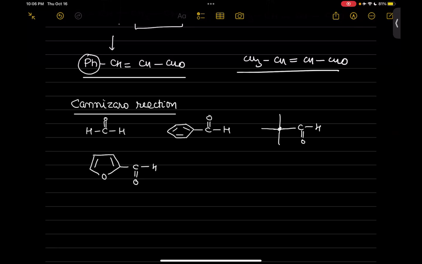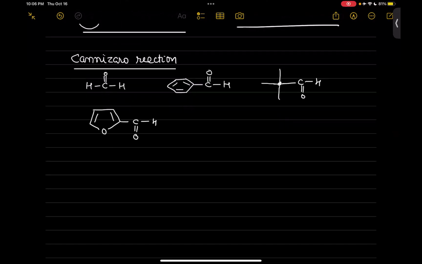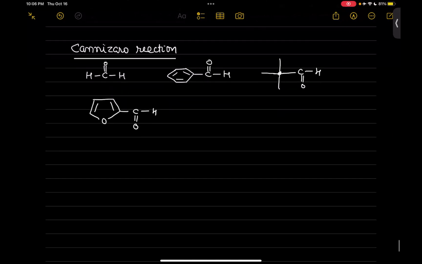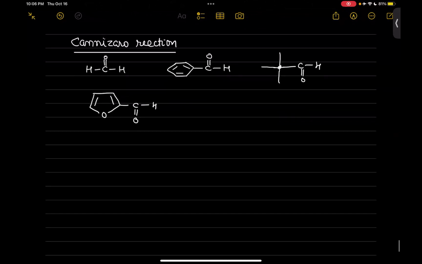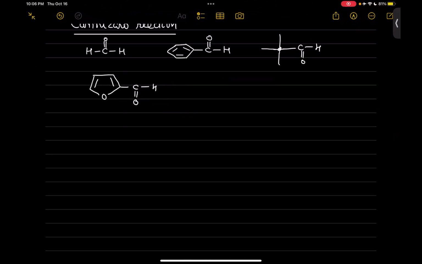So what happens in Cannizzaro? Cannizzaro is very simple, not difficult like aldol condensation, and you do not have to make a carbon-carbon bond. Got it? Formation of product is very simple in Cannizzaro.